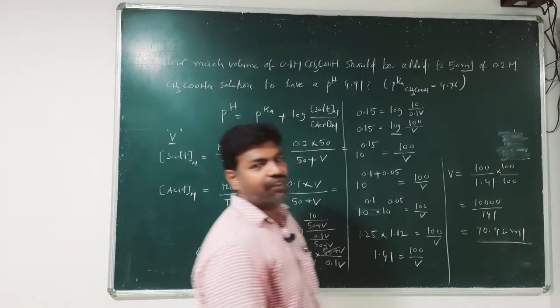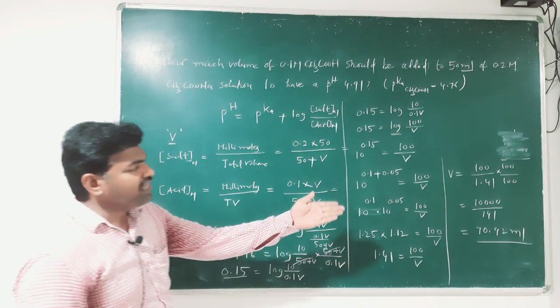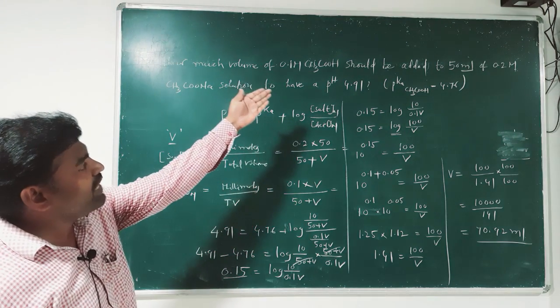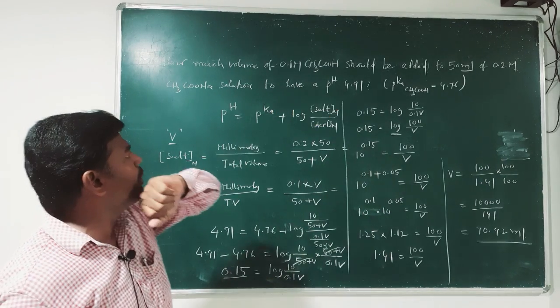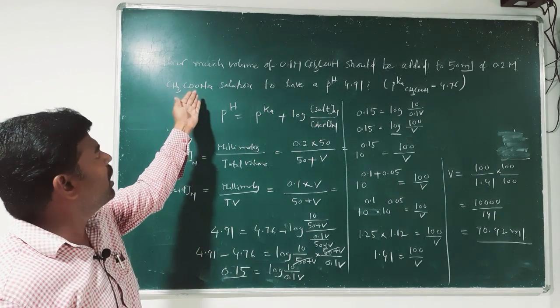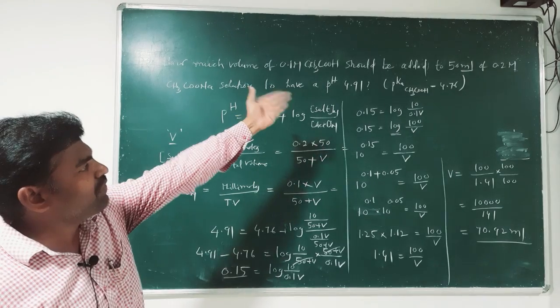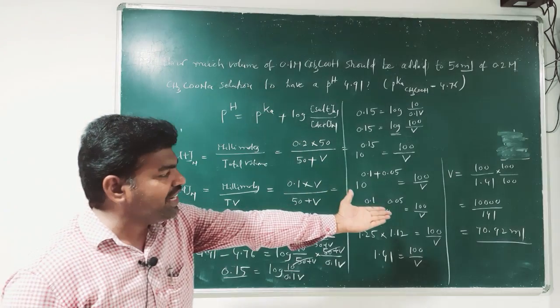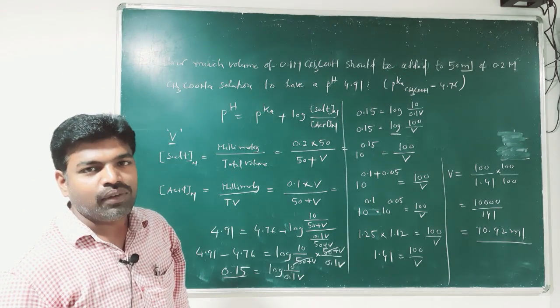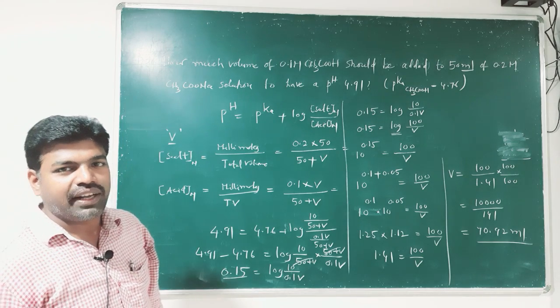So this is the way to solve this problem, and the volume of acetic acid that should be added to 50 ml of 0.2 normal sodium acetate to have the pH of 4.91 is 70.92 ml. Okay, so let us go for another problem.